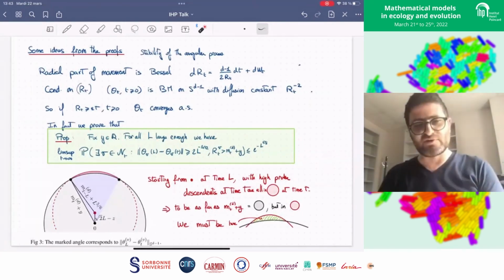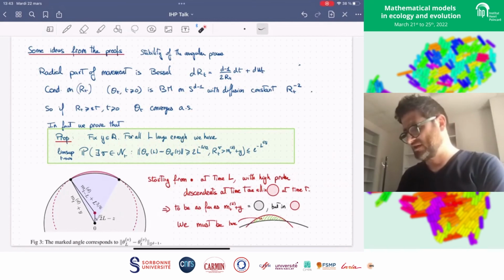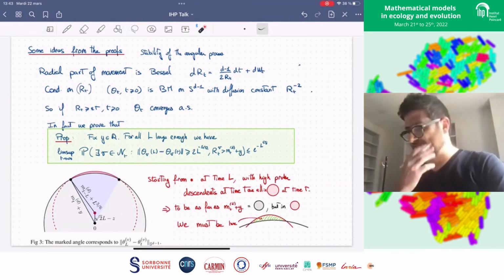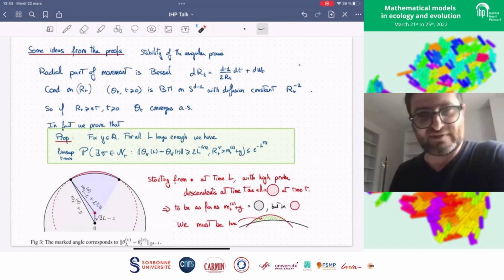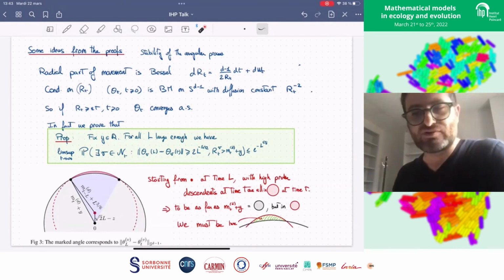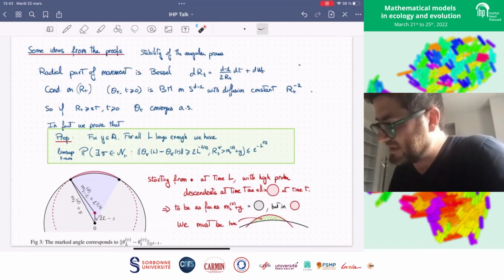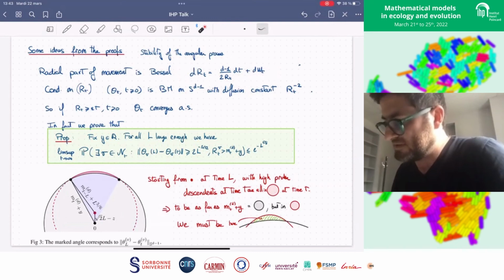The third argument is the one which I always struggle the most to explain, and I have no time to do it here, but it's a really cute argument. It's a purely geometrical argument. The radial part, R_t, is the modulus of a Brownian motion in dimension d, and we know that this is a d-dimensional Bessel process, which solves this SDE.